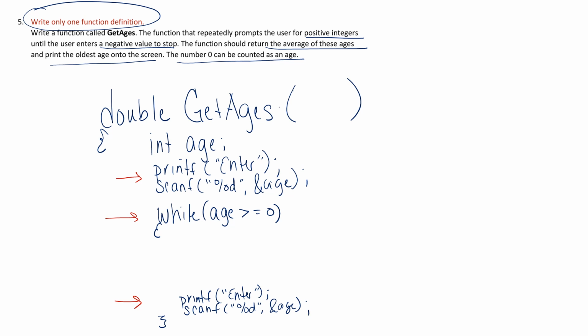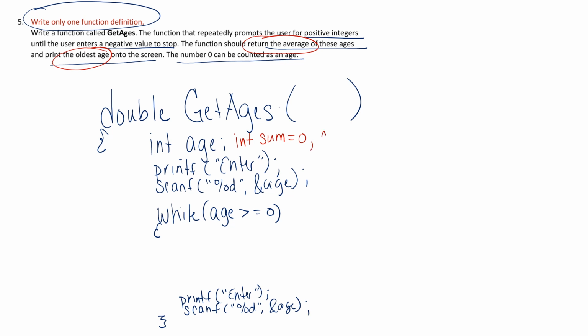So what am I going to do with these ages when I get them? I'm going to need to calculate and return the average, and I'm going to need to find out the oldest. So only do one thing at a time. So I need to have a sum in order to calculate the average, initialized to 0.